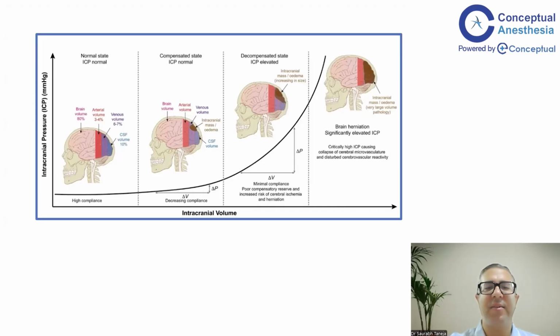But if there is some intracranial mass, edema, or bleed, and it increases gradually in size, the compliance decreases, the ICP increases, the cerebral perfusion pressure decreases, and the chance of brain herniation in case of significantly elevated intracranial pressure increases. So we have to be very careful. If you just remember this diagram, 80, 10, 10, and the compliance curve, you'll be able to identify the Monro-Kellie doctrine.